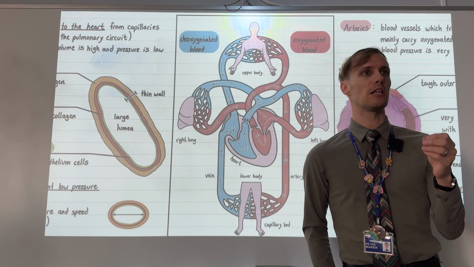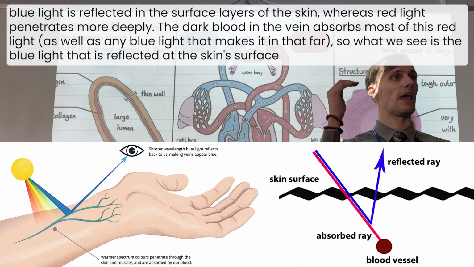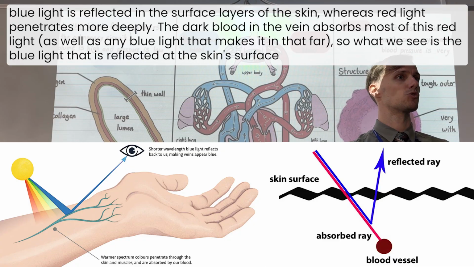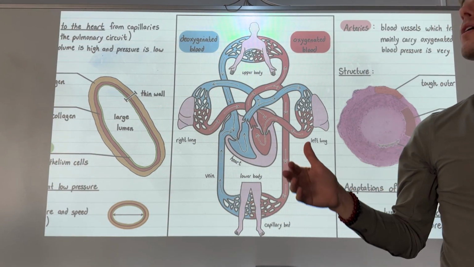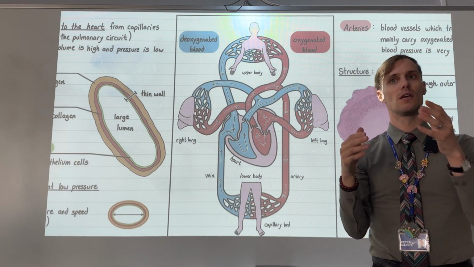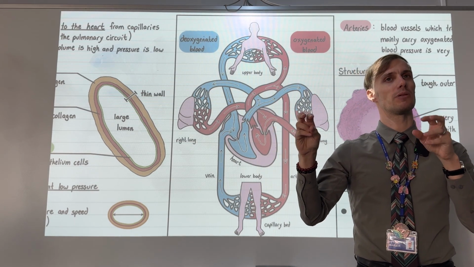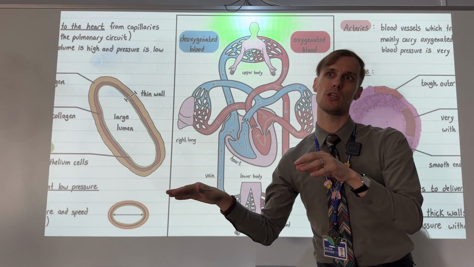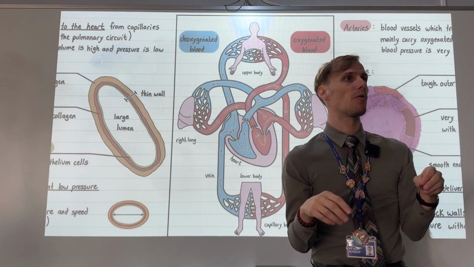The reason that it looks blue actually has to do with your skin and the interaction that it has with light absorption. So just to be clear, your blood is red, but I'll be representing, and most textbooks will represent, blue as deoxygenated blood, meaning blood that has very low amounts of oxygen, and red as oxygenated blood, or blood that has a lot of oxygen.